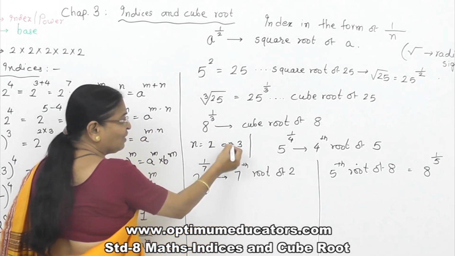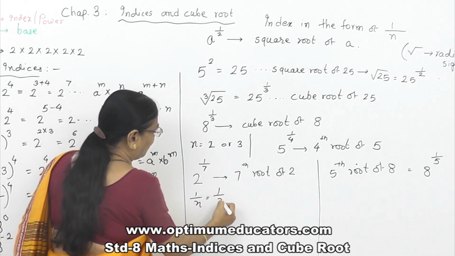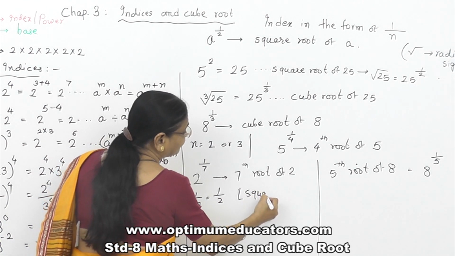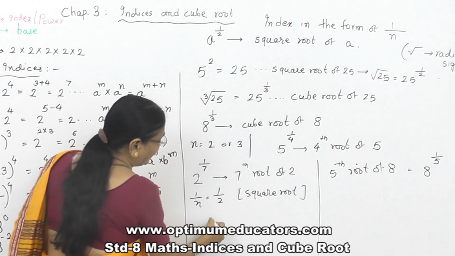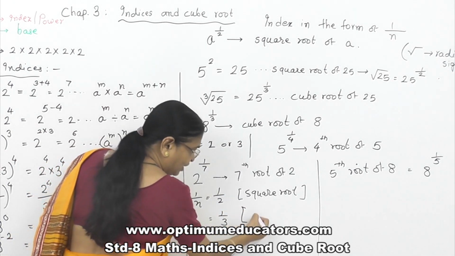Suppose n is equal to 2, then 1 upon n will be equal to 1 upon 2. We call it square root. If it is 1 upon 3, then we call it cube root.